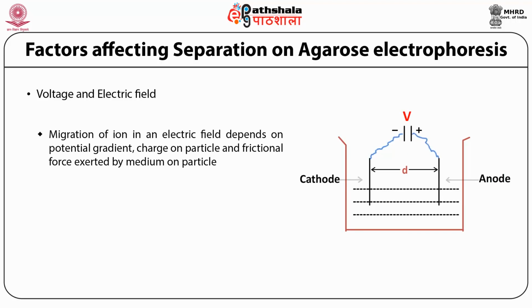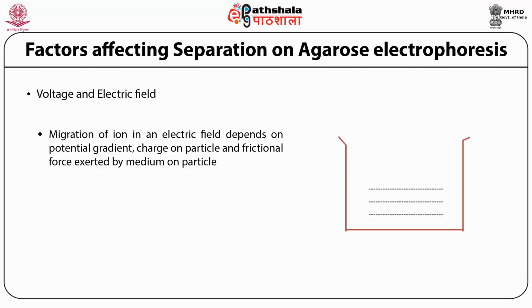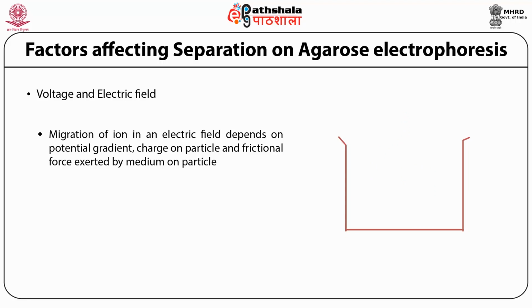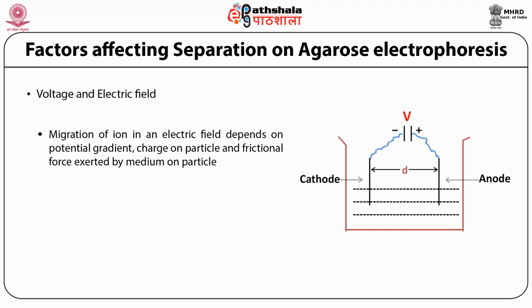Migration of ion in an electric field depends on potential gradient, which is equal to applied voltage divided by the distance between two electrodes. It also depends on charge on particle, and on frictional force exerted by medium on particle.